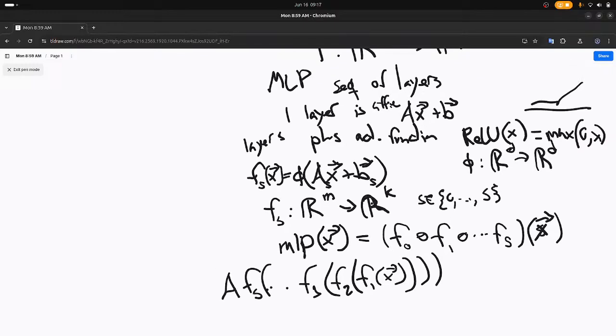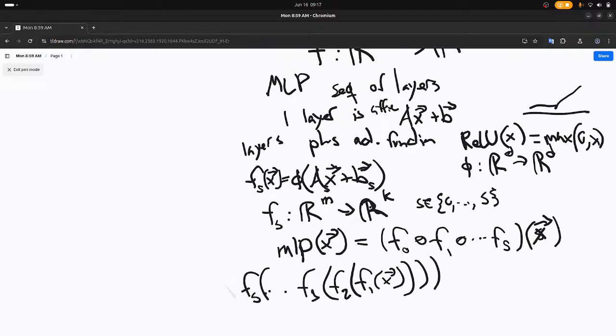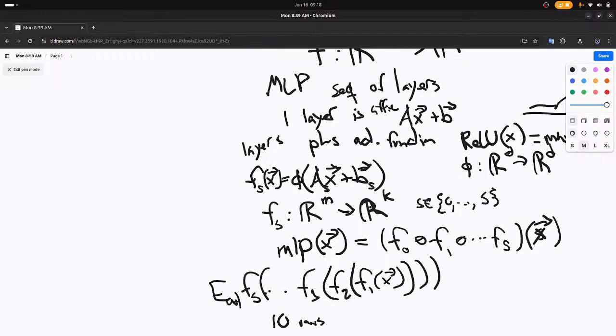I'll actually write it as E out. And this E out is a matrix that has 10 rows, and some k columns.